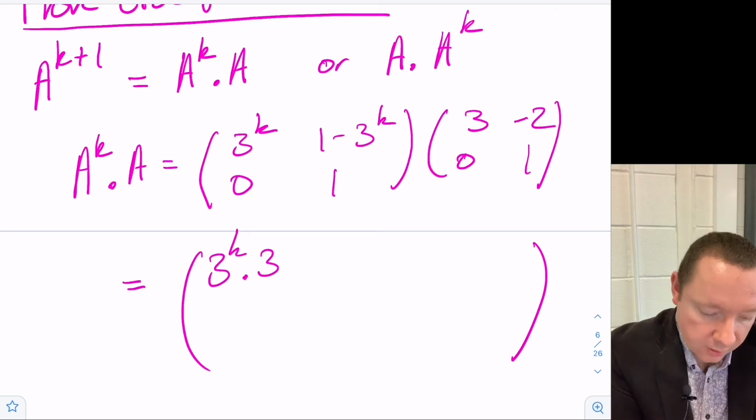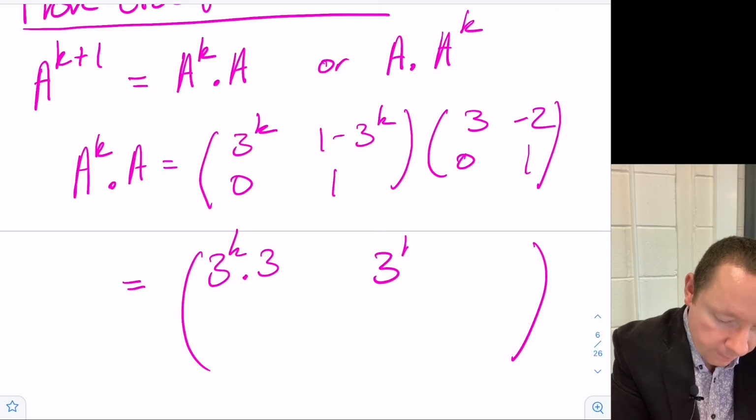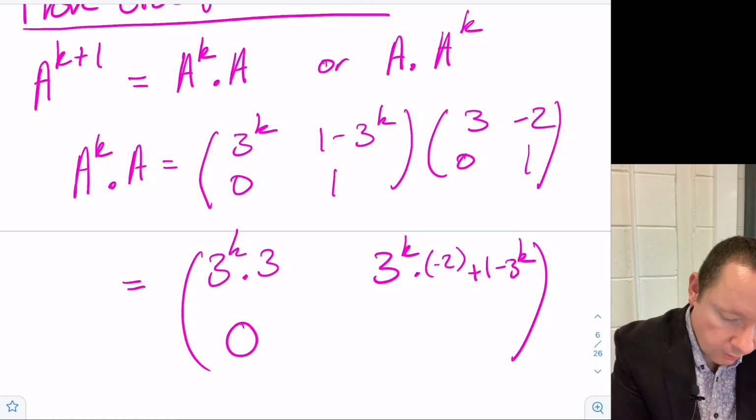So that's our first element. We've then got 3 to the k times minus 2, and we've got 1 times 1 minus 3 to the k times 1, so plus 1 minus 3 to the k. Our next element, 0 times 3 is 0, 1 times 0 is 0, and our last element, 0 times minus 2 is 0, 1 times 1 is 1.